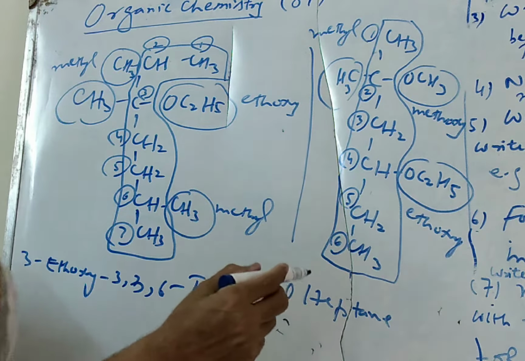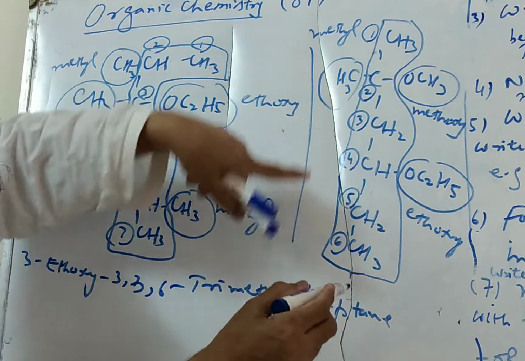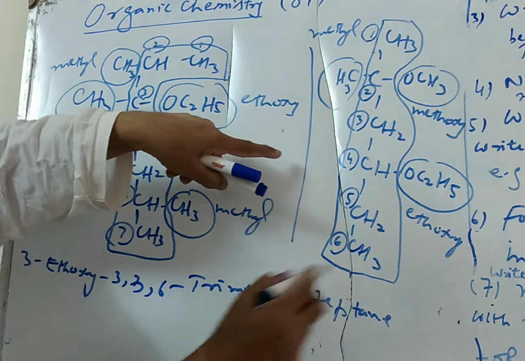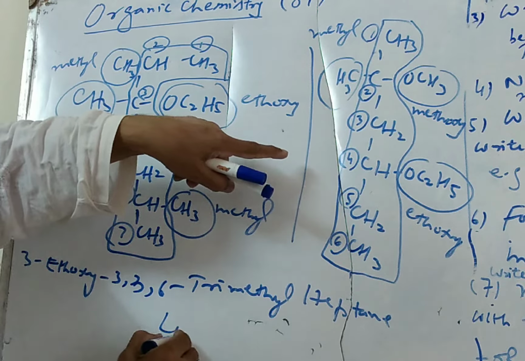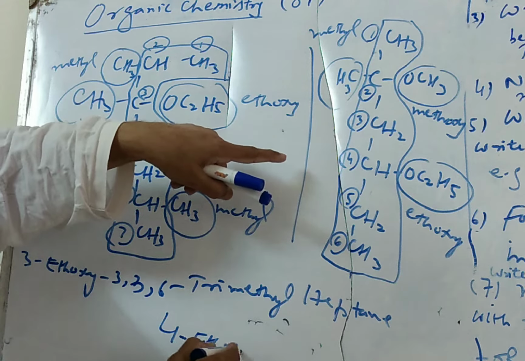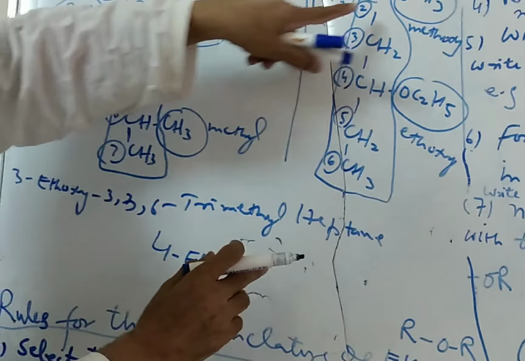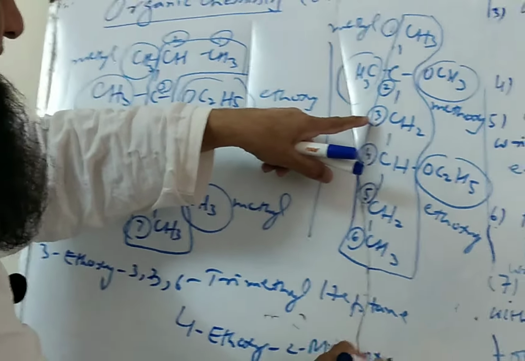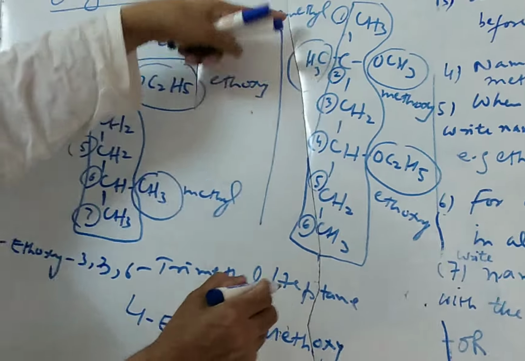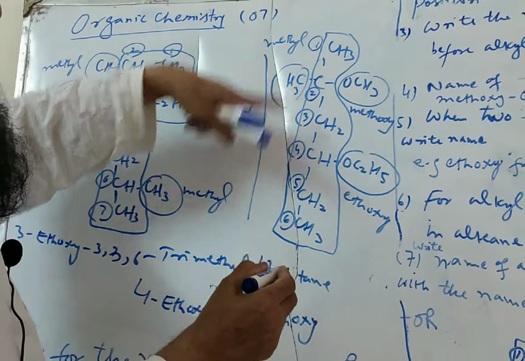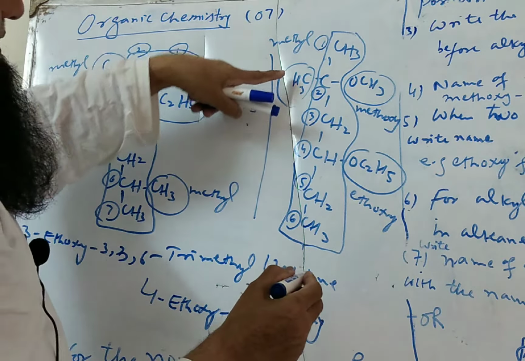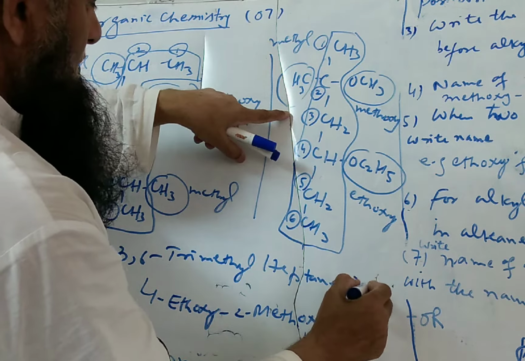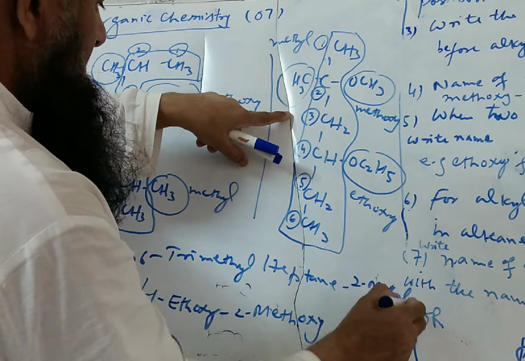So the name of this compound, according to alphabetical order, starts with ethoxy. So this is the 4-ethoxy, and then 2-methoxy, and then this is the methyl, only one methyl. So we can say that this is the 2-methyl.